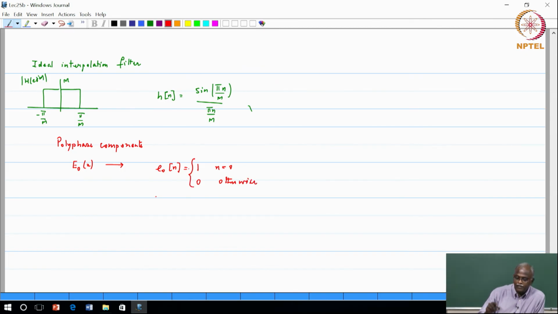That is the central point of the impulse response. That is the only one that has got a value, and remember there will be 0 crossings at regular intervals, so all other coefficients will be 0. So this particular polyphase component has got only a constant coefficient.